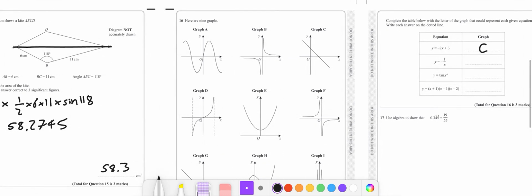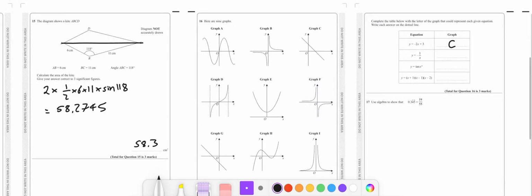Okay, y equals minus 1 over x. First thing, try putting 0 in. Put 0 in, 1 over 0, maths error. So it doesn't have a value when x is 0. So that can only be graph B, F or I. And then my suggestion would be you put a really big number in, or just something like 10.